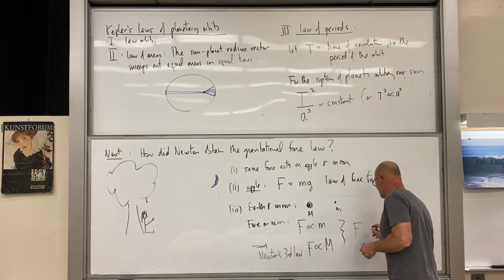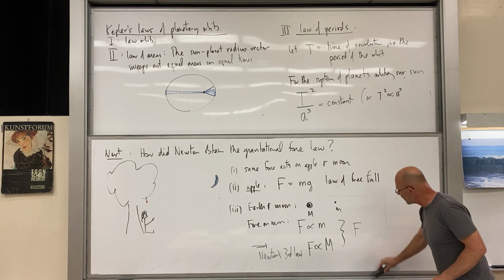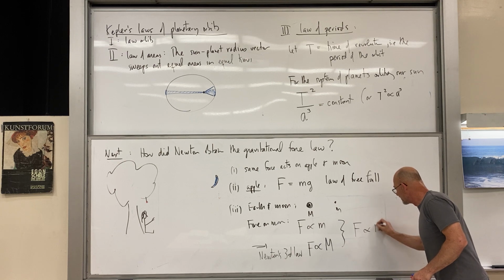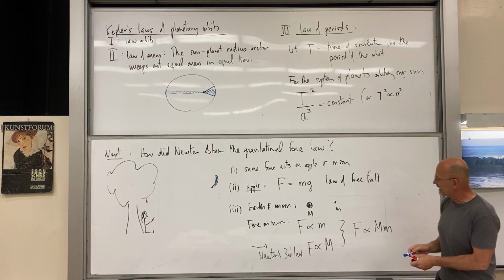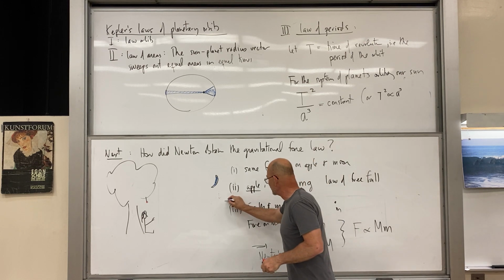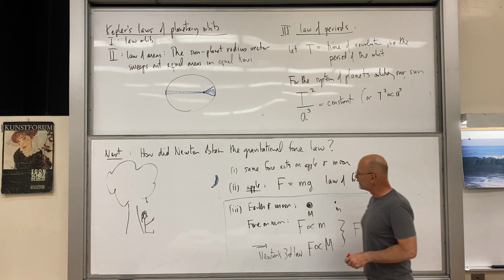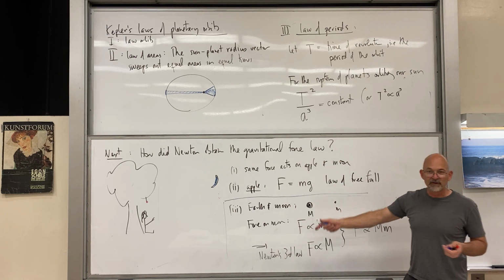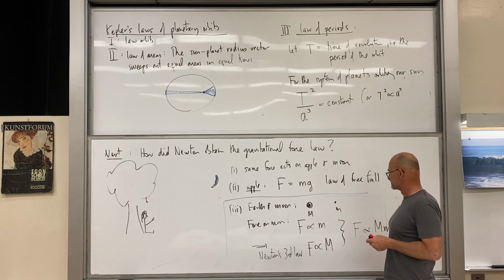So for two interacting masses, I'm not going to put an equal sign yet, we just have the proportionality M times m. Okay, yeah, so this picture is important here. We're talking about the Earth-Moon system now. Strictly speaking, it could be the apple acting on the Earth as well. But let's go to the Earth-Moon system.